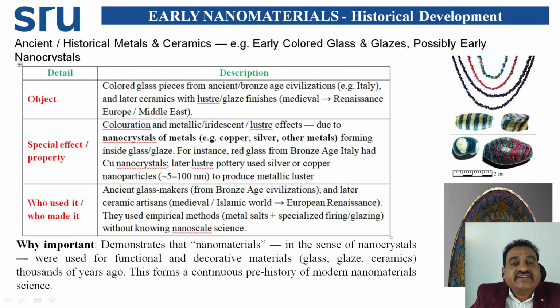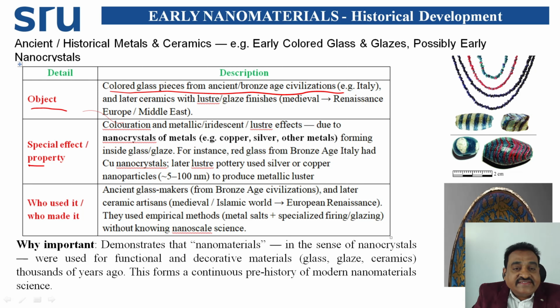So, this is ancient historical metals and ceramics. Example: early colored glass and glazes, possibly early nanocrystals. Try to see what that object is. Colored glass pieces from ancient Bronze Age civilizations, for example in Italy, and later ceramics with glazed finishes used in Europe and the Middle East, and so on.